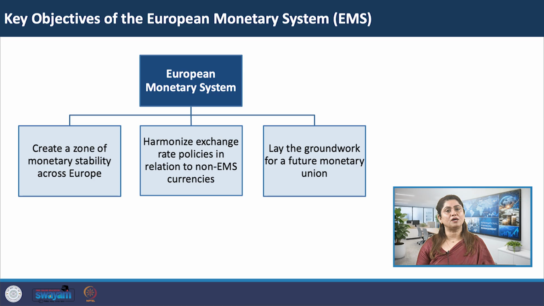The EMS was a much more structured arrangement. It had clear rules, mechanisms for intervention, and a common unit of account. It was designed not just to stabilize exchange rates, but to lay the groundwork for deeper economic and monetary integration in Europe.